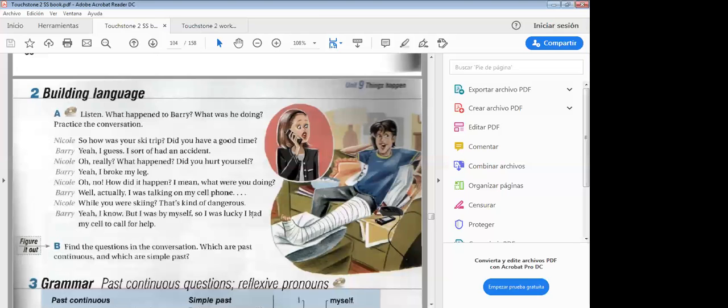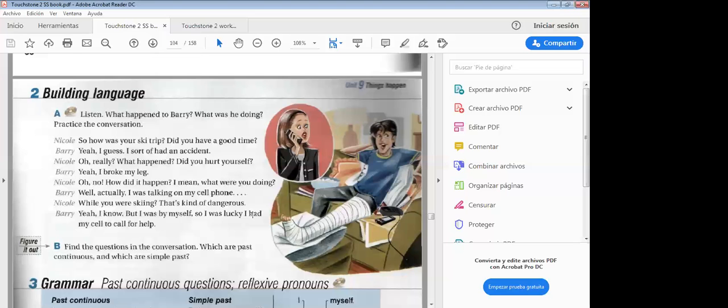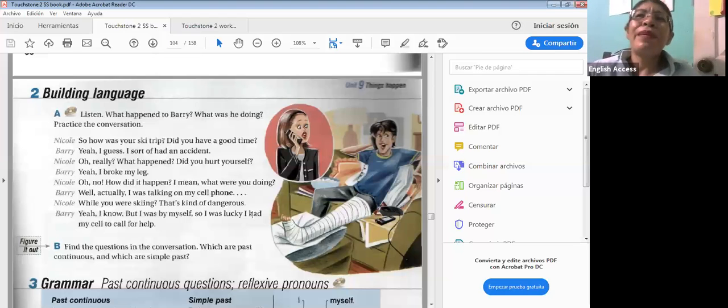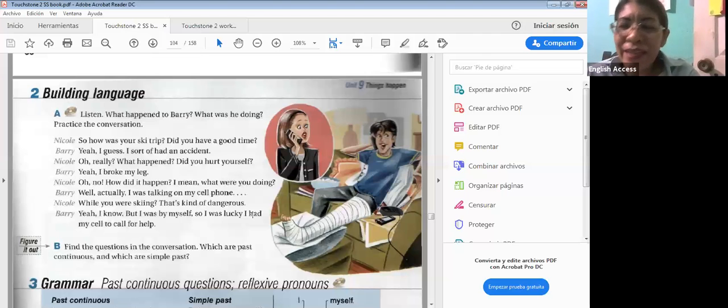Okay, tell me your ideas. What do you think he was doing? He went to the hospital. Yes, no, but I mean, before the accident, what was he doing? What do you think? Maybe playing soccer. Okay, maybe he was playing soccer. What else?